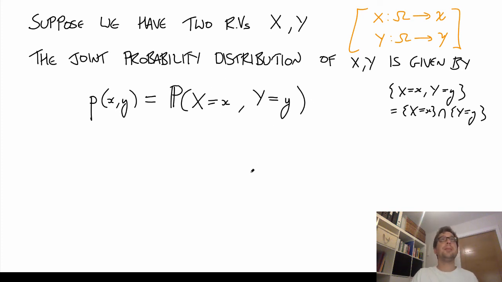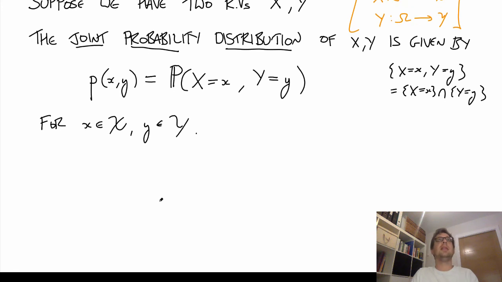That's the way you can specify the joint probability distribution of X and Y, and we do this for x belonging to the range of X and y belonging to its range Y.